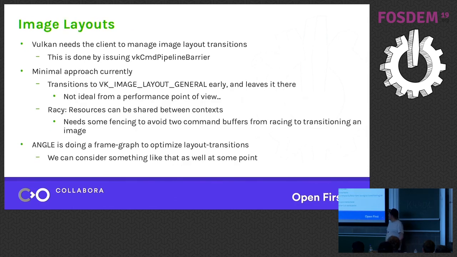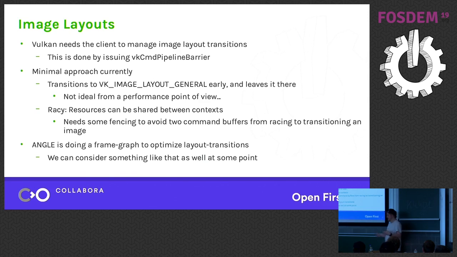We also need to deal with image layouts, which is one of the big differences with OpenGL. For those who don't know quite what that is, it's a hint to the driver about what you're going to do with an image. So you can, for instance, set it in a state where you can only do rendering to it, or only do texturing from it.